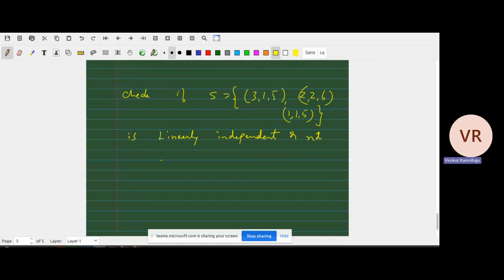We can put them in a matrix. I'll write the third vector in the first row because I want to do row operations. Let A be the matrix formed.